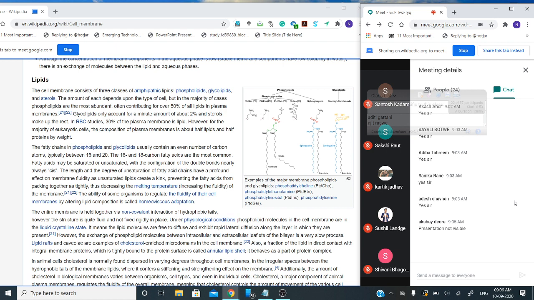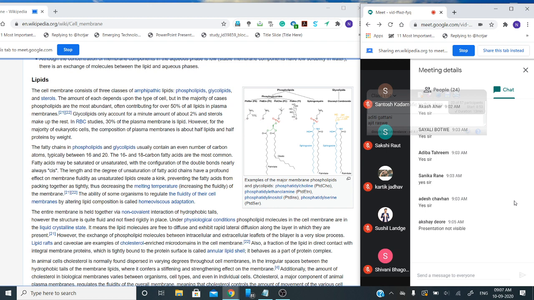As unsaturated lipids, they create a kink, preventing the fatty acids from packing together as tightly. They produce a gap-type situation, and they decrease the melting temperature. They increase the fluidity of the membrane, and some organisms can regulate the fluidity of their membrane by altering lipid composition.